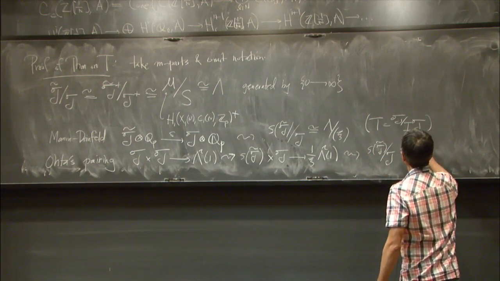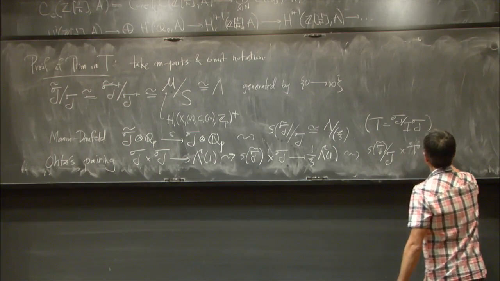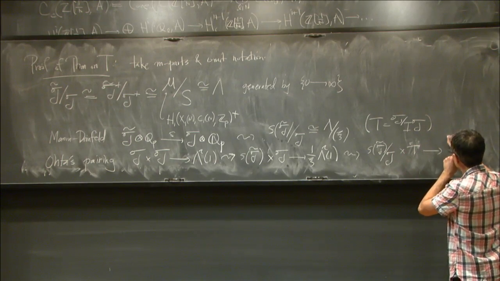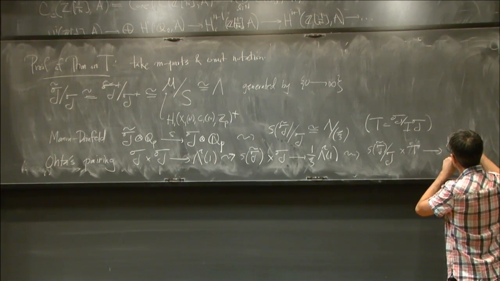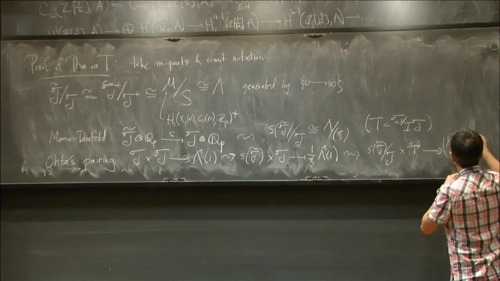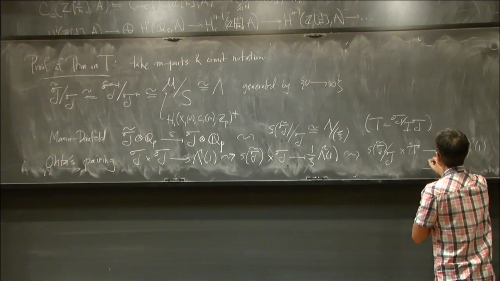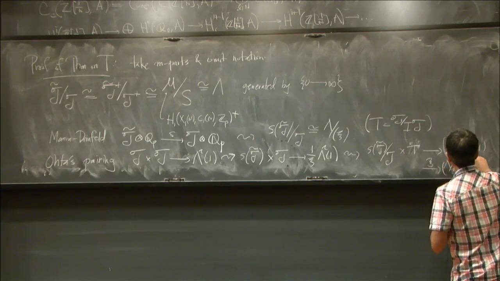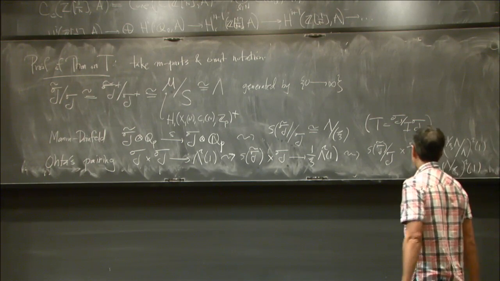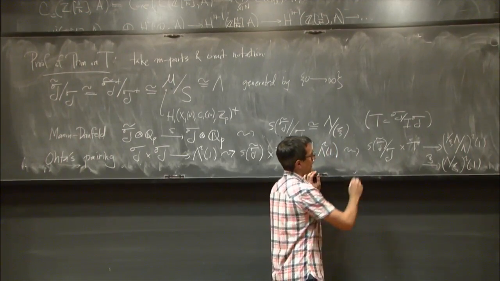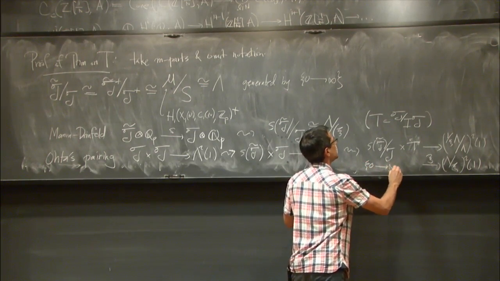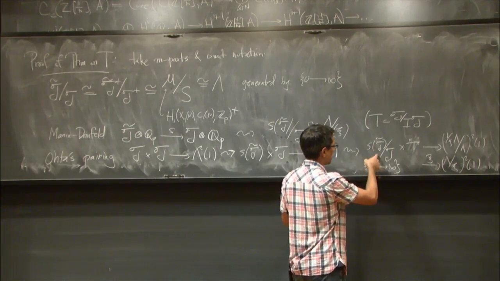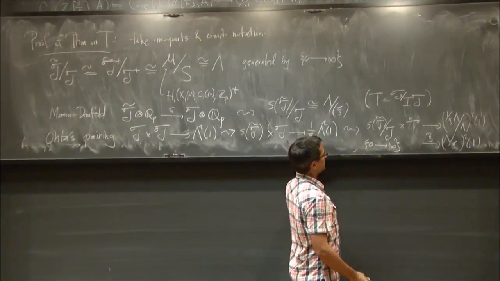And then I have T here, T mod IT. And then I get a map to 1 over c lambda mod lambda iota inverse. It's awful, but I just multiply by c. I get lambda mod c iota 1. And so this thing does generate this.